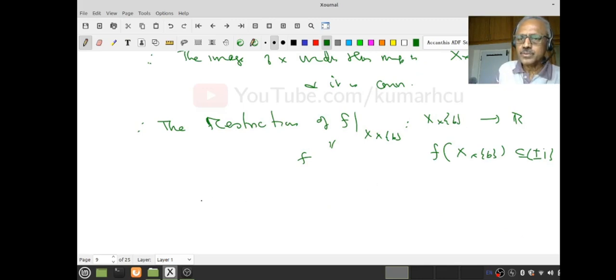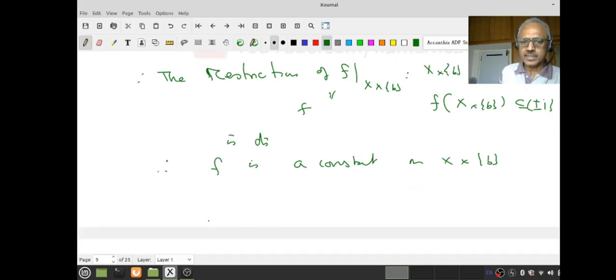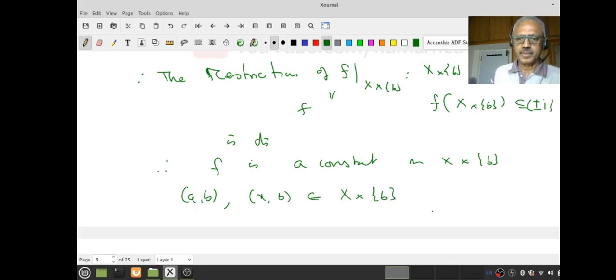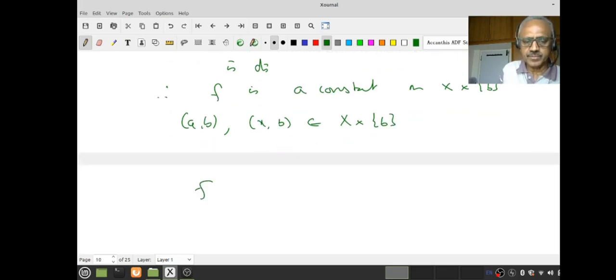Therefore this is continuous, therefore f is a constant on X cross {b}, right? Now what are the 2 points there? (a, b) and (x, b), both are in X cross {b}. Since f is a constant, that means f(a, b) equals f(x, b).